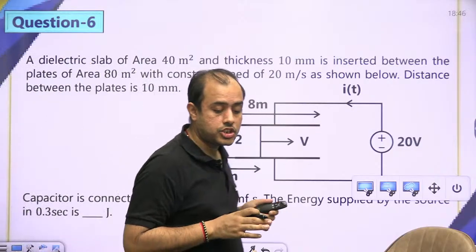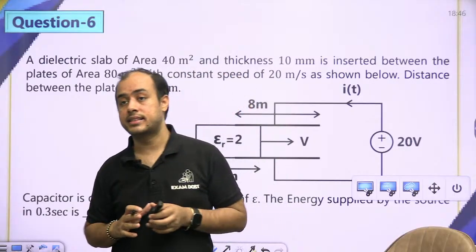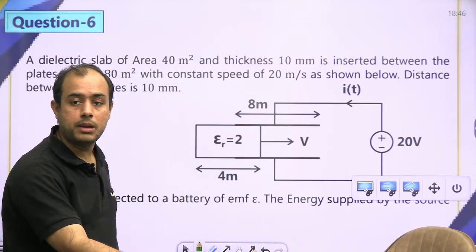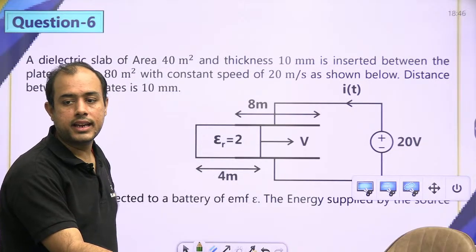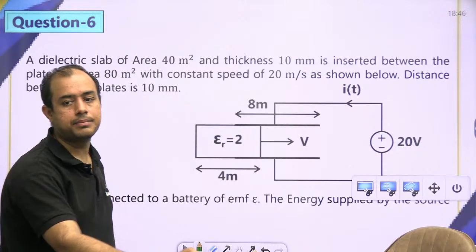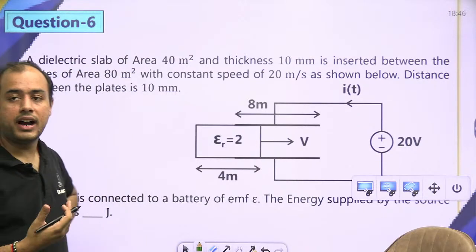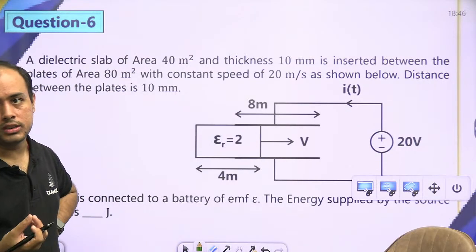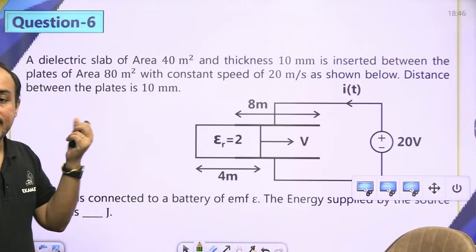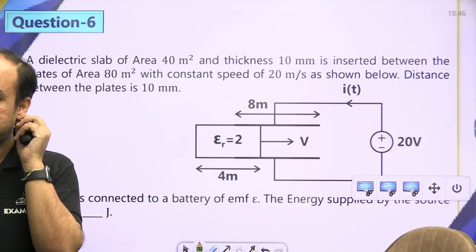So now initially the entire capacitance will belong to the air. The entire dielectric will be air. But finally it will belong to both air and the dielectric. Now we are inserting at a speed of 20 meter per second.